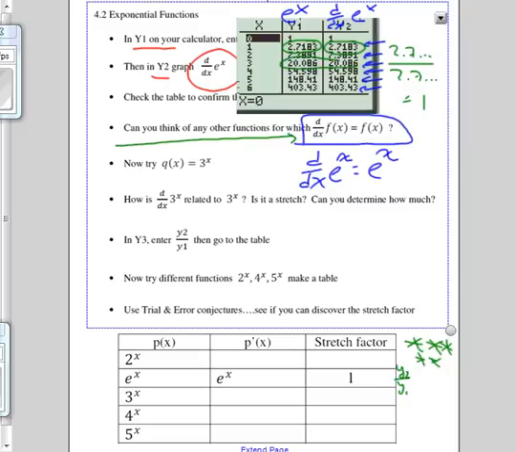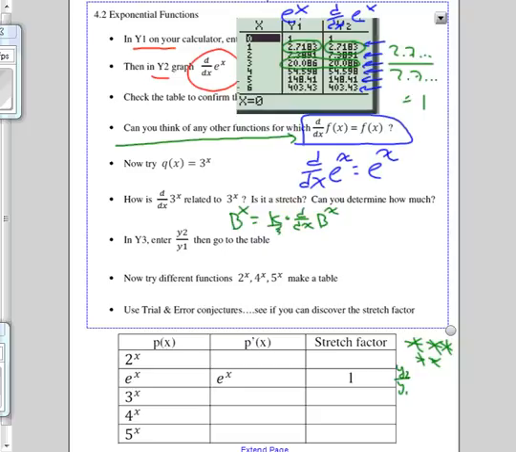For every single one of these values, if I divided y2 over y1, I'm going to get 1. And what we're going to start trying to show is that if I have some function b to the x, the derivative of b to the x is related to it via just some stretch factor.